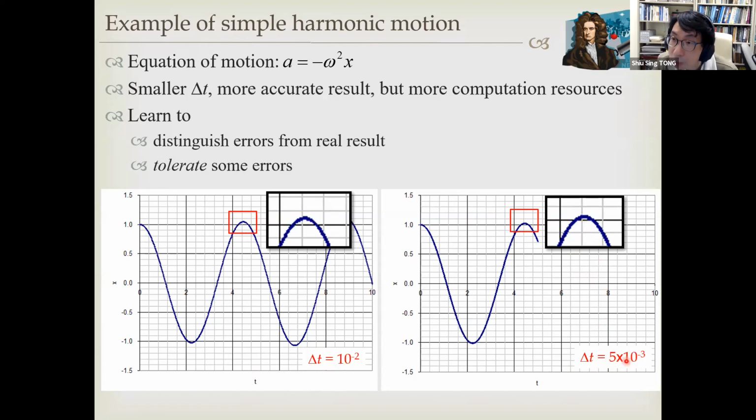When I use a still smaller delta t, I find the error is further reduced. So these are errors, not the real features of the original physics problem. So I know how to distinguish the error from the real physical result. And I know how to tolerate, because the error is always there. So I should learn how to tolerate those errors. Okay, so that is the idea.